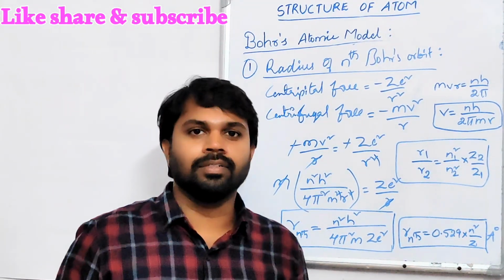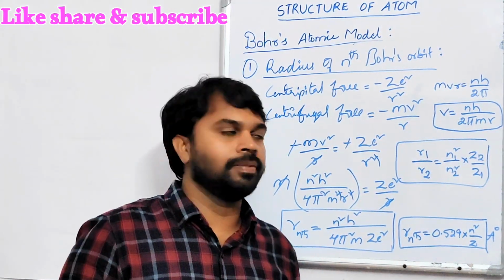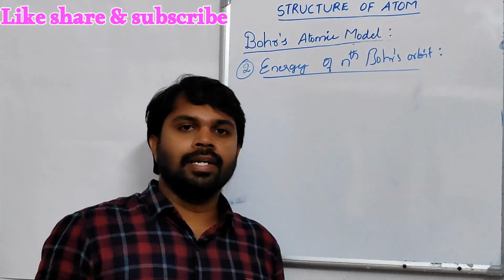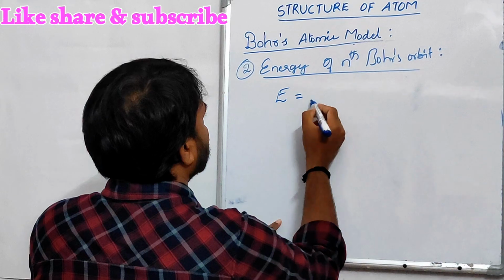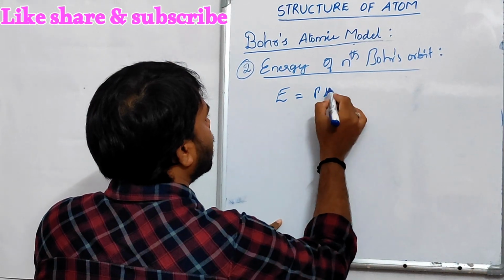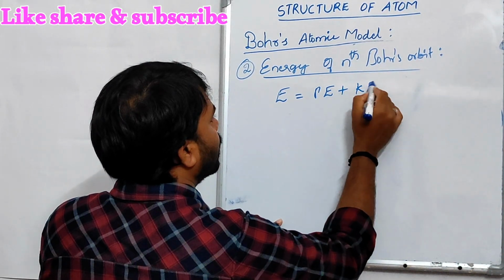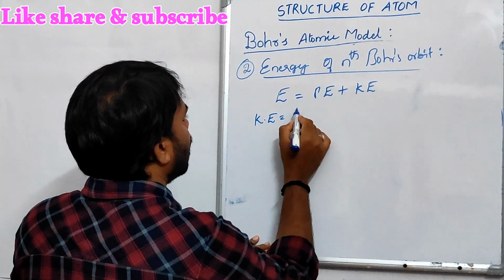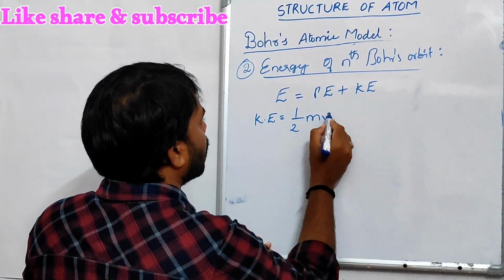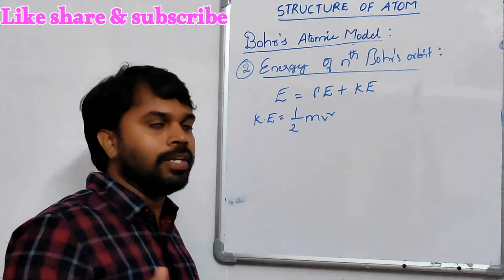Now come to the second one, energy of the nth Bohr orbit. Total energy of the electron is E equals the sum of potential energy plus kinetic energy. We know that kinetic energy equals half mv square. Till now we have three formulas.